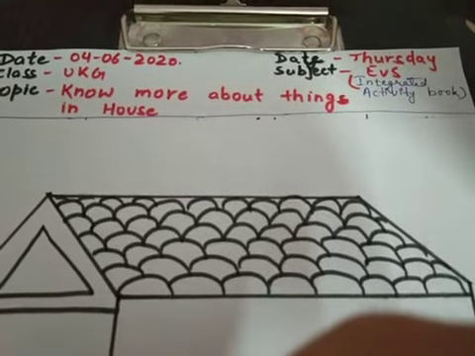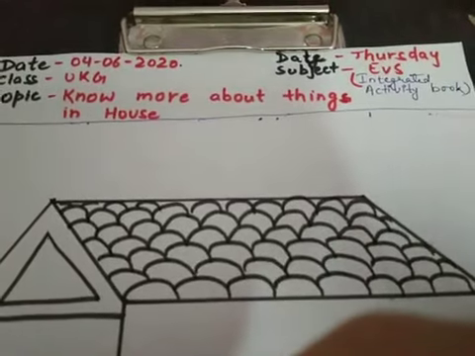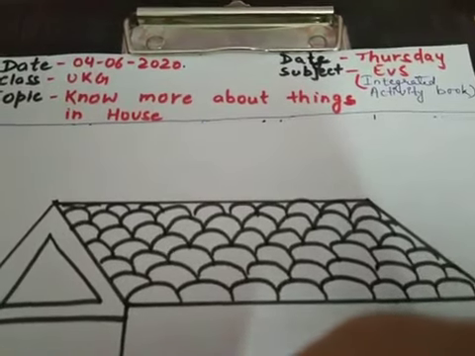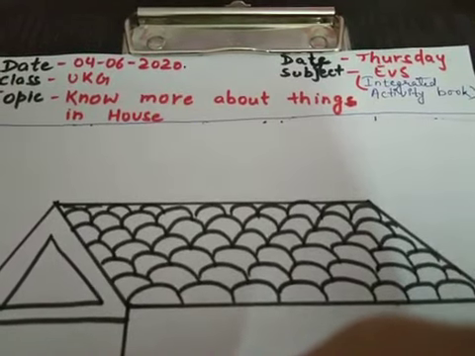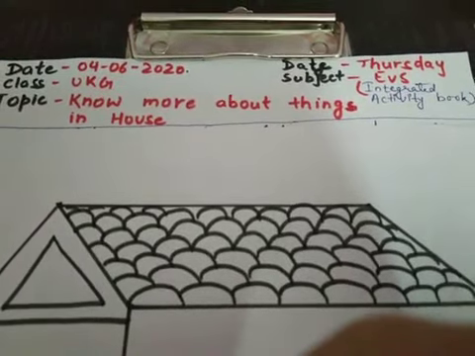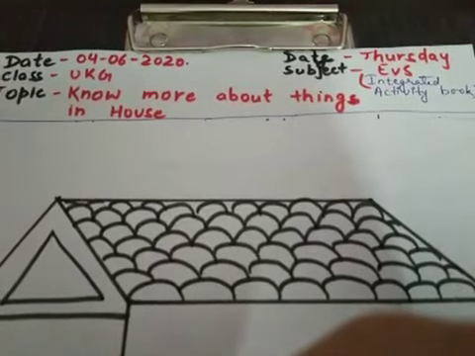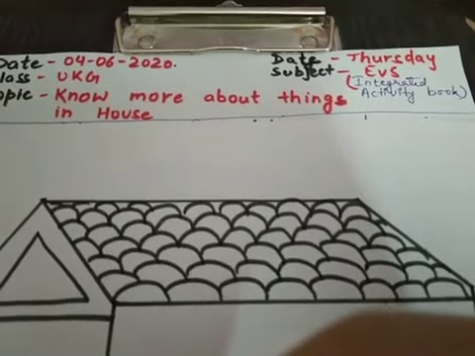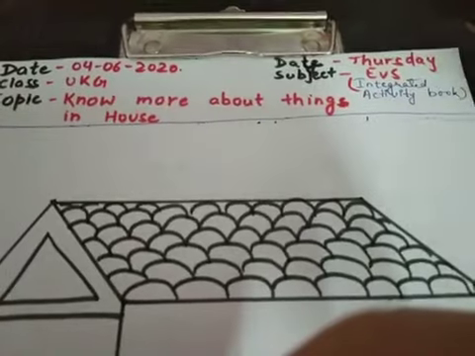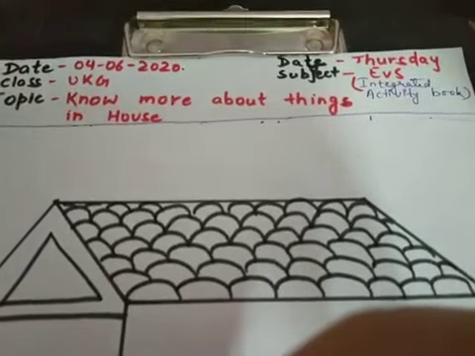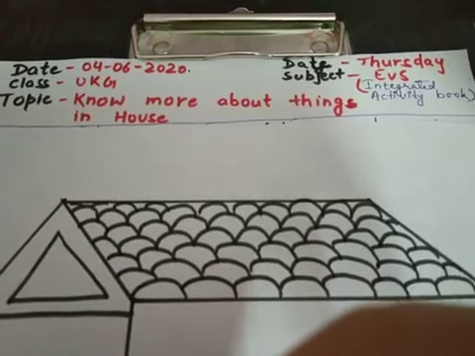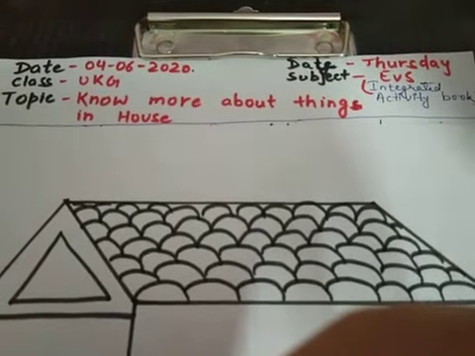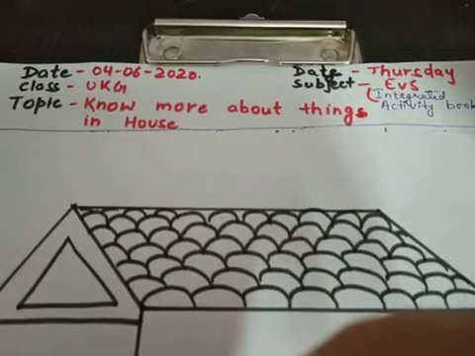The activities that I have given you are not from your book, but are based on whatever is available in your book. Okay? And our topic, as I have already told you, is know more about things in the house.